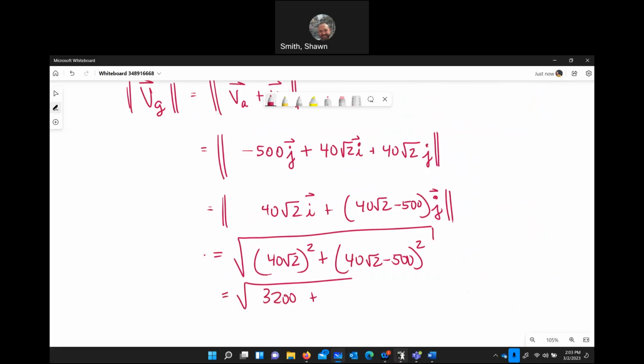Squaring that, this big ugly number. Add 3,200 to that. And then take the square root. 447. So you're really doing about 447 miles an hour tracked on the ground. That's how you can actually tell how long it's going to take you to get to your destination, right?